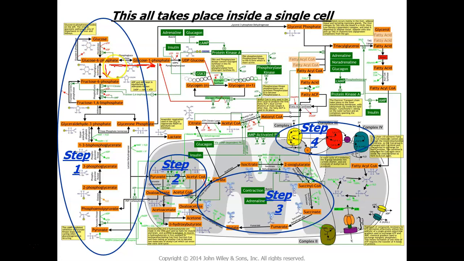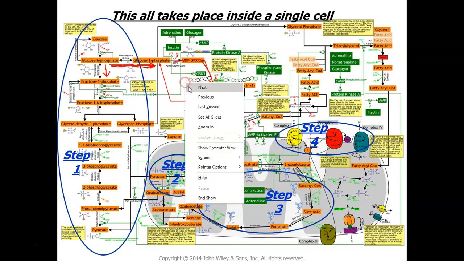If glucose has gone this way and is converted into glucose 1-phosphate, that means we've got an abundance and we need to start storing some. So that's where it becomes glycogen. Remember, glycogen is one of the storage forms of glucose.